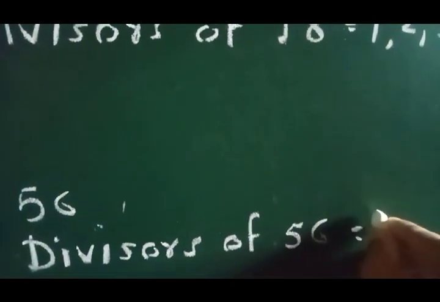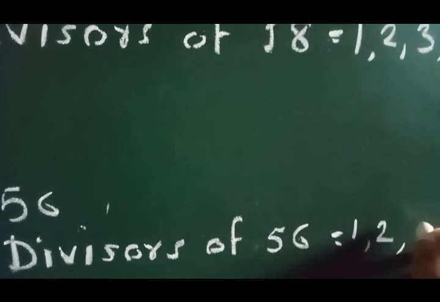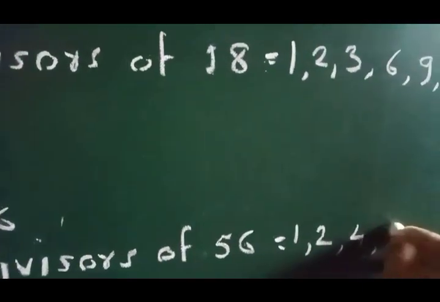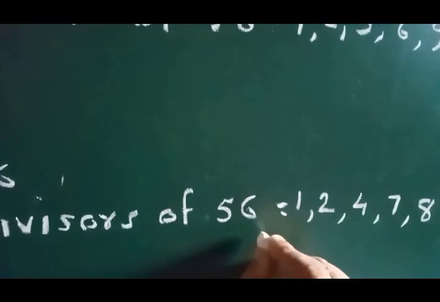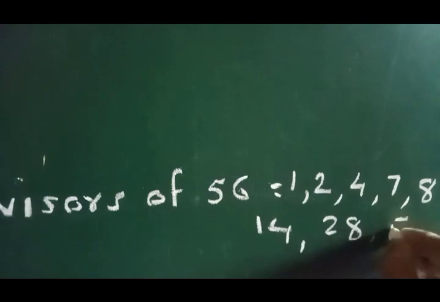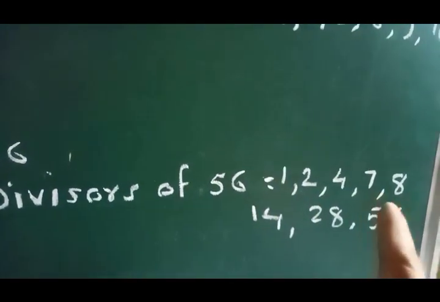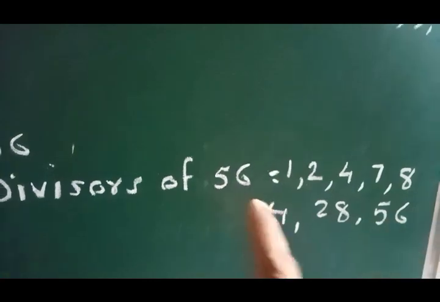Divisors of 56: 1, 2, 4, 7, 8, 14, 28 and 56.